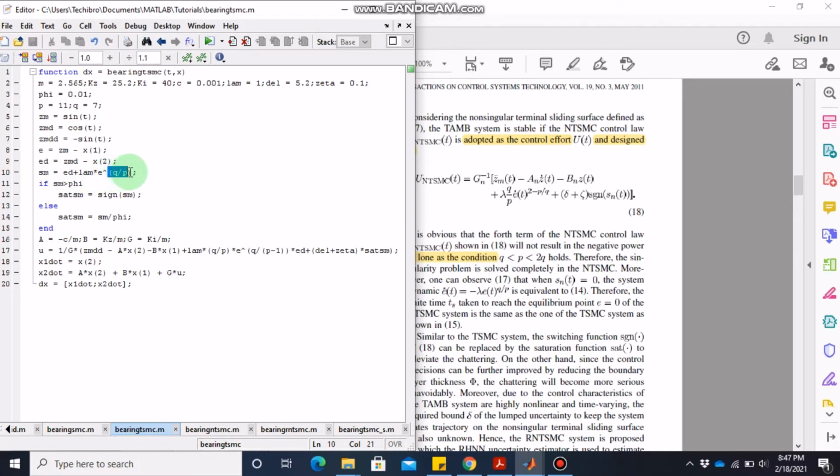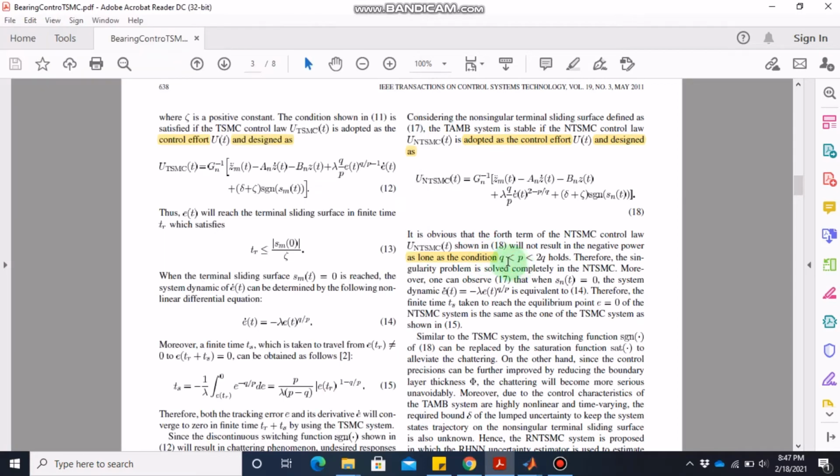This is what makes things very tricky, because when you take error raised to the power q over p, there are certain conditions for q and p. P should be greater than q but less than 2 times q. As long as this condition holds, the paper claims that all things will be well.